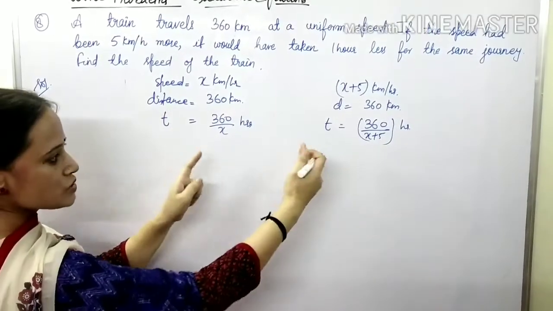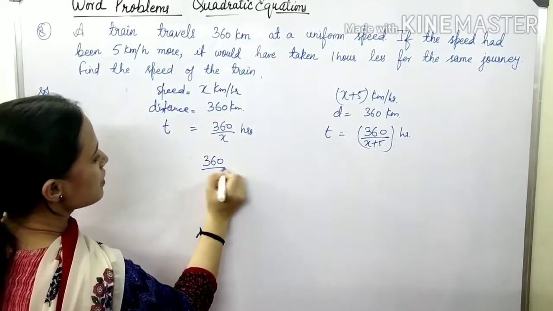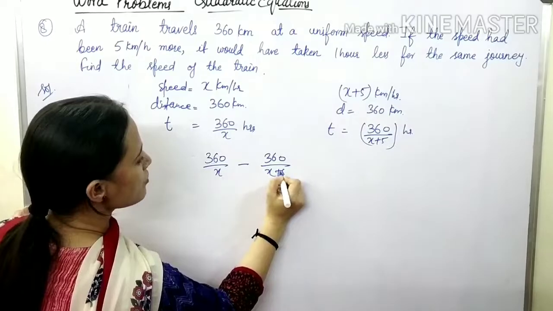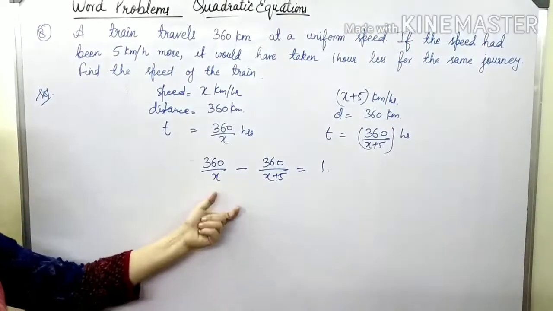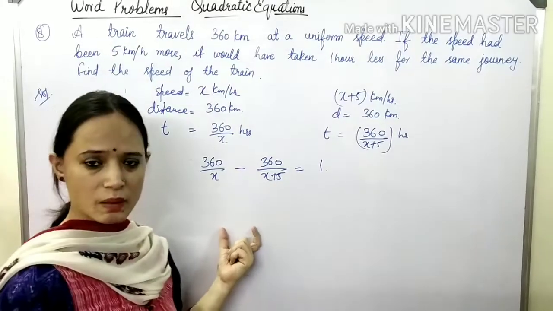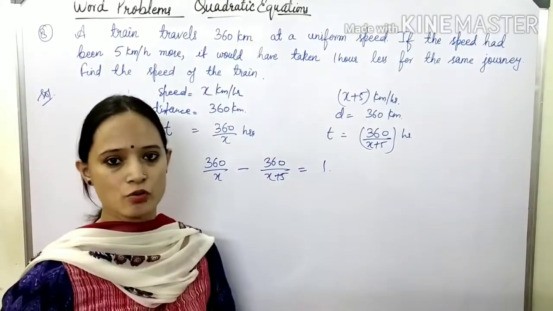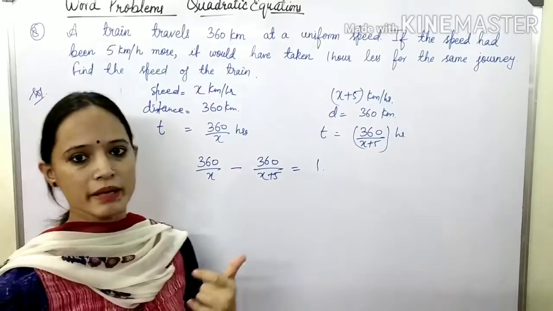So the difference of the time is given, that is 360 upon x minus 360 upon x plus 5 is equal to 1. So from here we are getting the equation. You can easily solve it by using any method, and again if you are getting any negative value you can neglect that value, because we have to find the speed of the train and it cannot be negative.